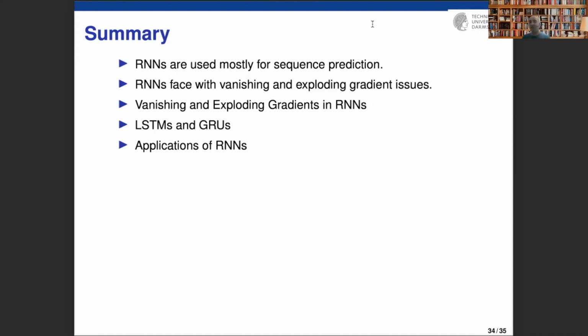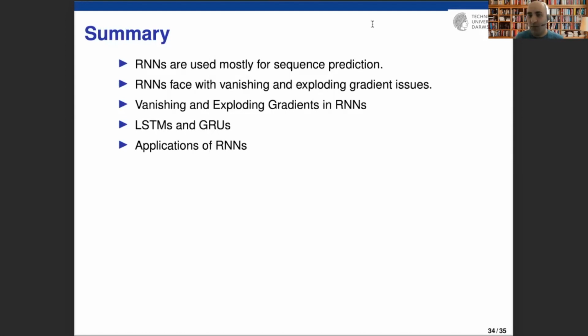The solution for the exploding gradient was gradient clipping. That is, if the gradient goes beyond a certain threshold, we replace the gradient with that threshold. But for the vanishing gradient, we discussed two approaches, LSTMs and GRU units. The main idea behind GRU is to let the model learn which content should be used in the memory, by giving different importance to different steps.